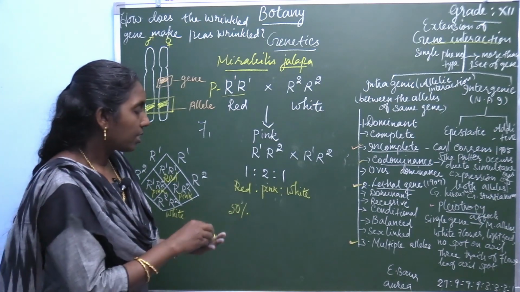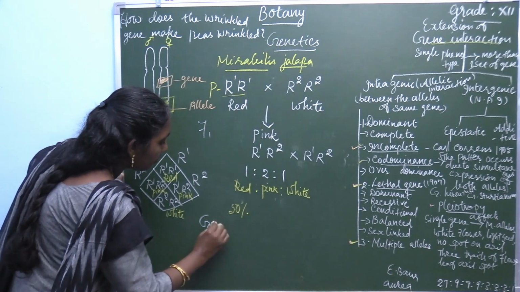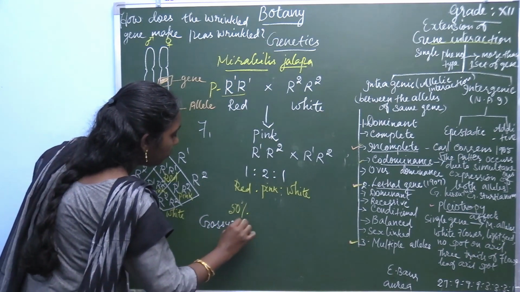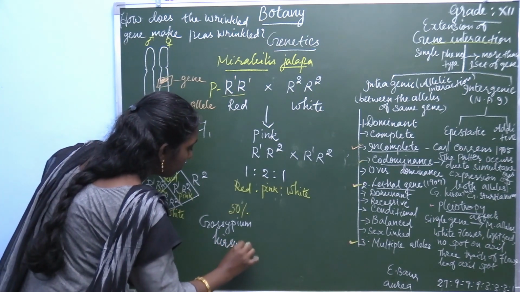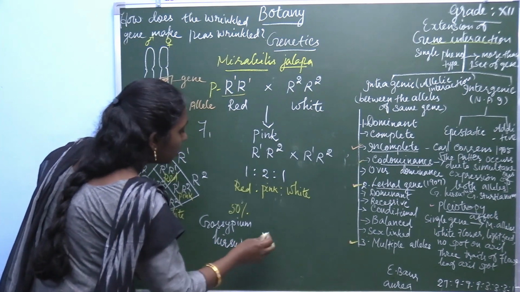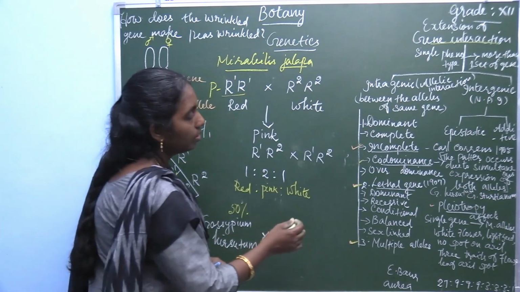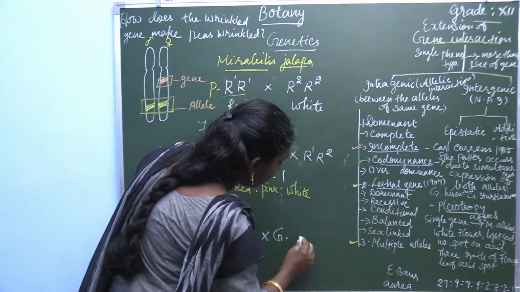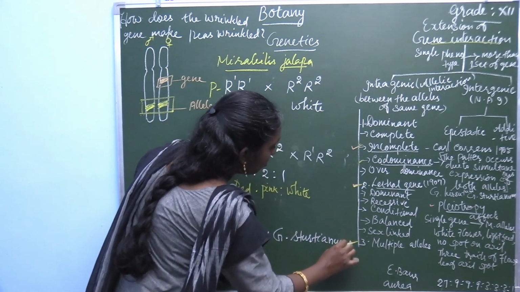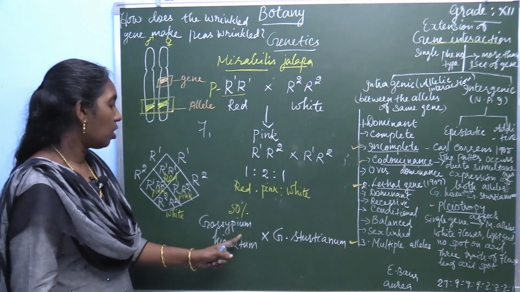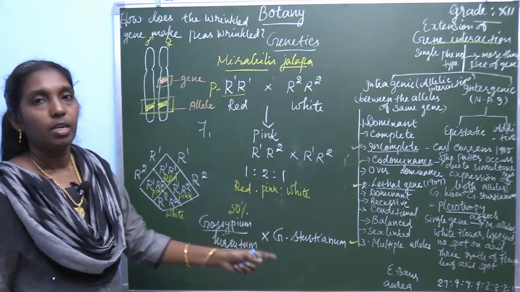Here there is an example, Gossypium hirsutum, cotton, and Gossypium sturtionum. There is a cross between Gossypium hirsutum and Gossypium sturtionum.